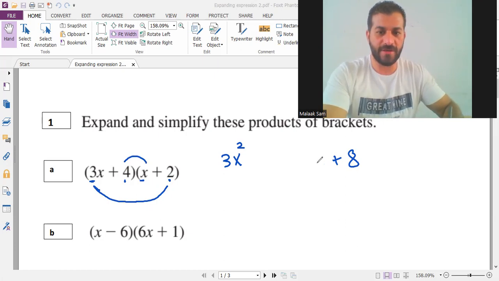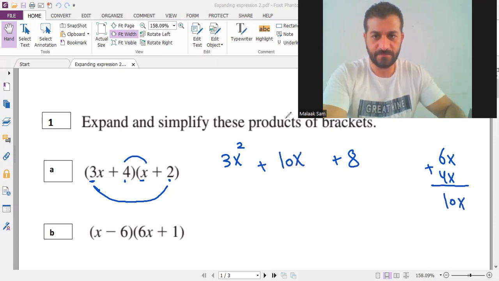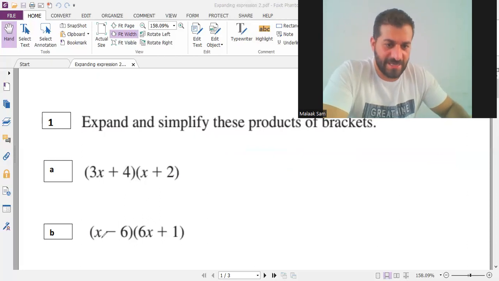So multiply the extremes. 3x multiplied by 2, it will be 6x. And multiply the means 4x. So the extremes plus the means equals 10x. So we are going to write in the middle plus 10x. And I recommend using this way, which is, let's move to the second example.